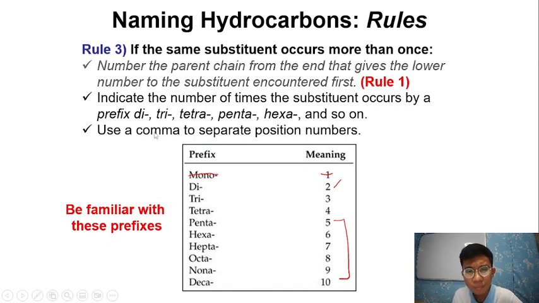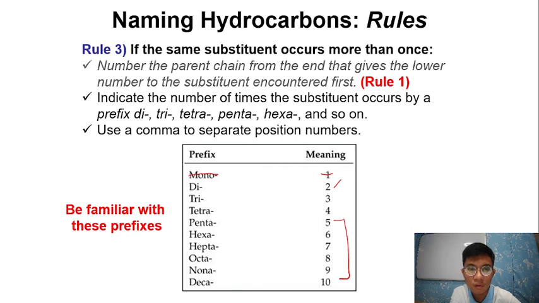Ngayon, di ba dun sa ating process ng pagbubuo ng mga hydrocarbons, meron tayong prefix, locant, parent, and the suffix. So, yung locant, number 3, may mga ulit na more than one.